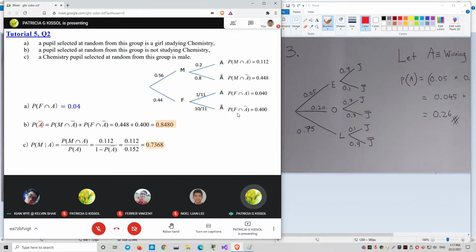But how? Oh, I see. From this value. Yeah, the intersection. I just write the probability and then multiply by the other probability. Mhm. Probability boy, and then probability boy chemistry.